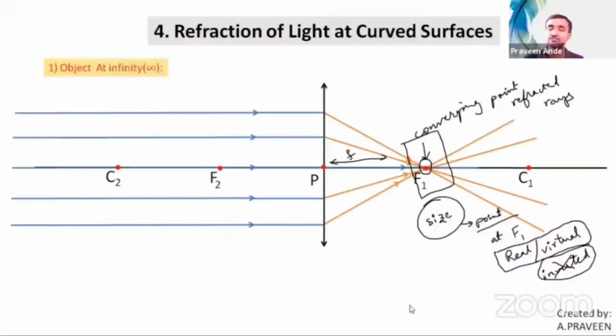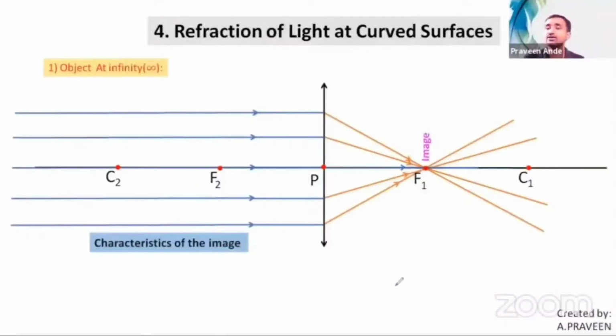Let me decide the characteristics of the image here. What characteristics are we able to write here? Simply, we have to say four. What are they? About the size of the image, whether a real image or a virtual image is formed, and we have to say the position.